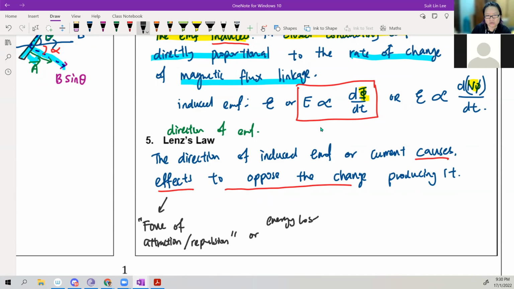Energy lost that is converted to current or electrical energy. But all this is to say that because the direction of EMF is negative, I'm going to add a negative sign here. So this negative sign is to show opposition.